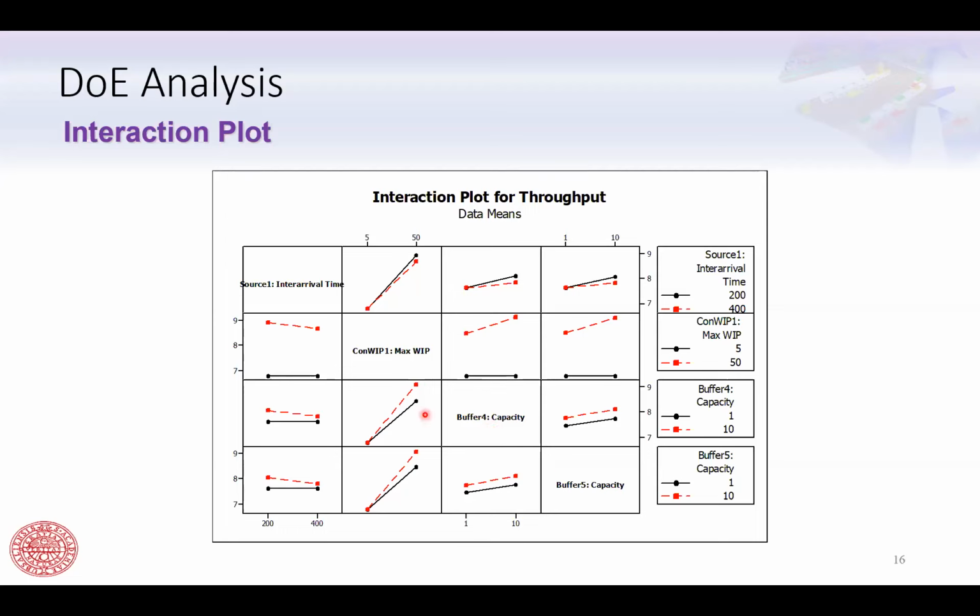You could see that what we call the positive interaction, or in Sweden, you like to call the catch-up effect, is when both of the values are high, high convey and high buffer capacity, then this line is not parallel. So if the lines are parallel, that means their interaction is actually not very strong.